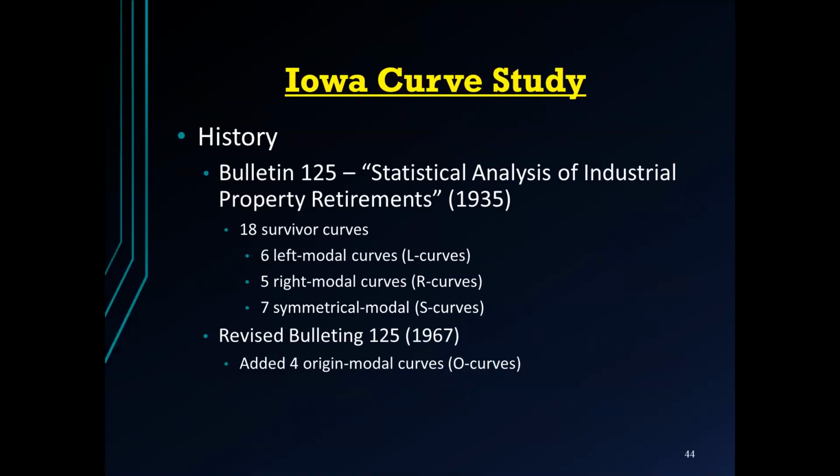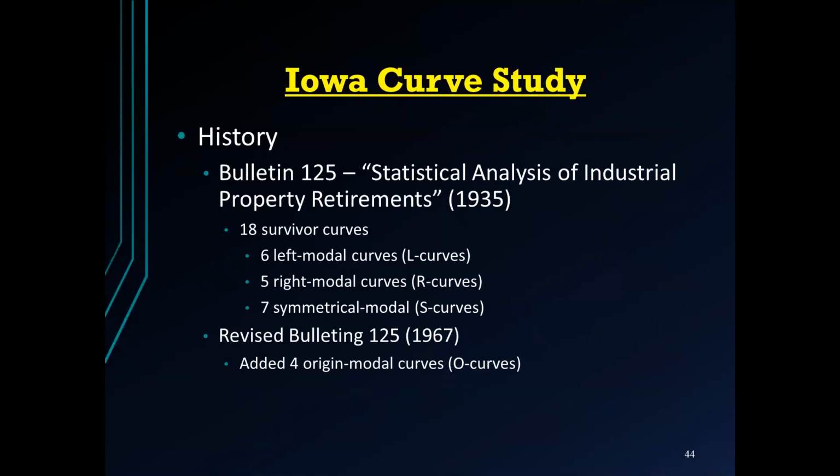Then you have Bulletin 125, which came out in 1935, which is the statistical analysis of industrial property retirements. That Bulletin 125 expanded it to 18 survivor curves, and the breakout was 6 left modal curves, or L curves, and we'll talk about what all this means, 5 right modal curves, or R curves, and then 7 symmetrical modal curves, or S curves.